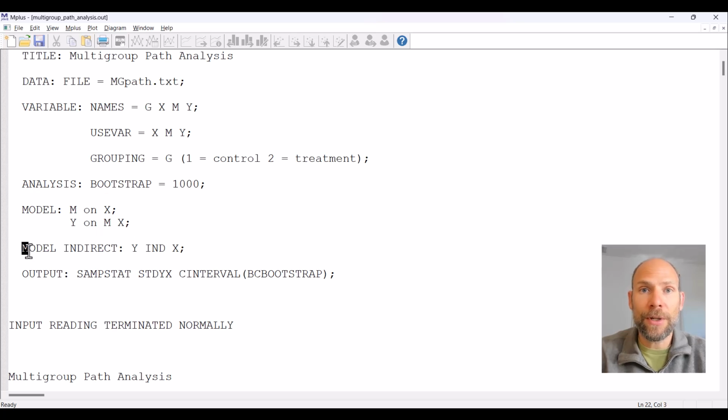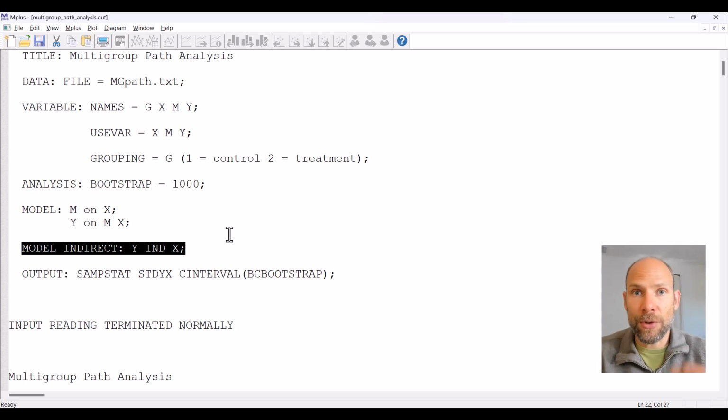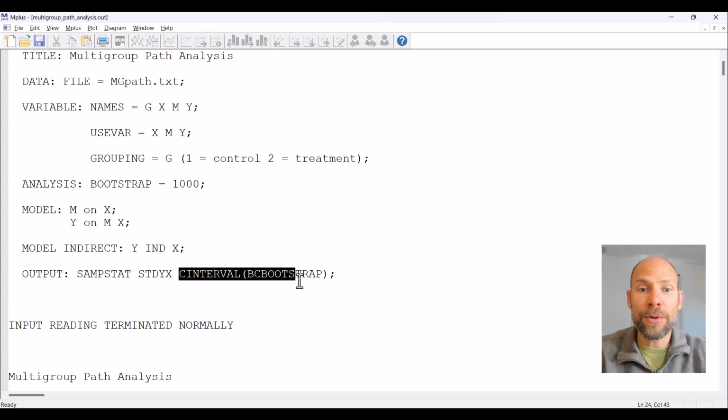I also included the model indirect subcommand here in the model statement so that Mplus will print the indirect, direct, and total effects separately, and will also then test them for significance using the bootstrap method, and here specifically the bias corrected bootstrap confidence intervals that are printed when you include the statement CINTERVAL (BCBOOTSTRAP) in your output command.